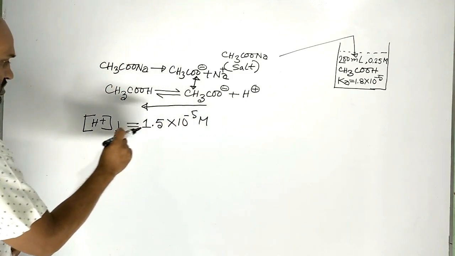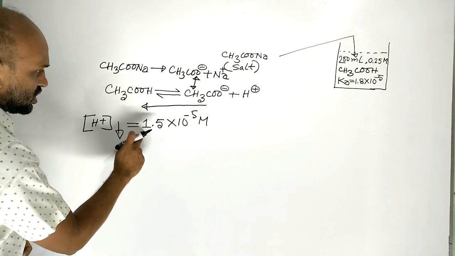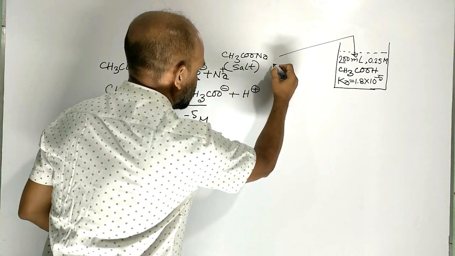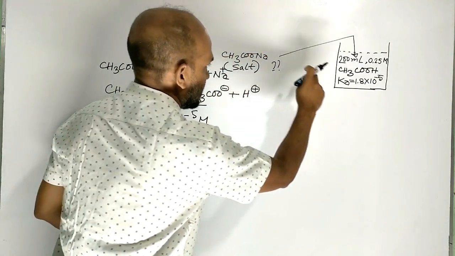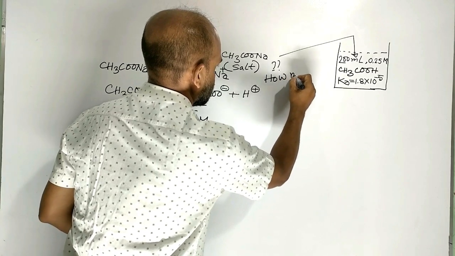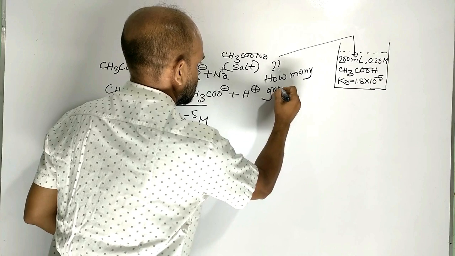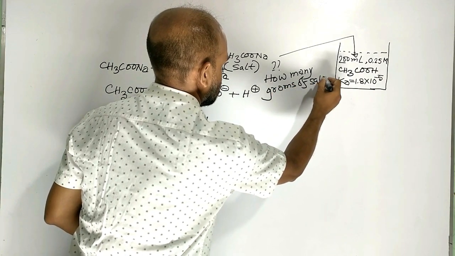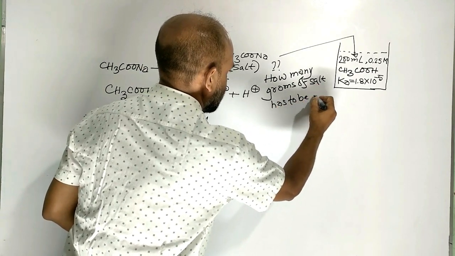In this case, to get a hydrogen ion concentration of 1.5 times 10 to the power minus 5 molar, how many grams of salt has to be added to this solution? That is, how many grams of salt has to be added?